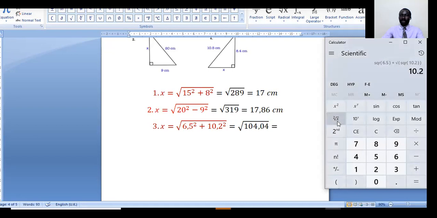We are going to put the square root of 104.04. Then we put the square root sign. Yes, that gives us the value of 10.2.